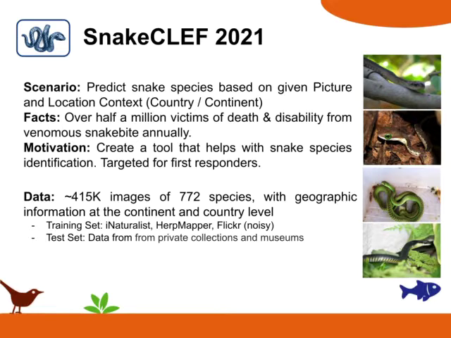The task will include more than 400,000 images of almost 800 species of snakes, which come from diverse sources such as iNaturalist, HelpMapper, Flickr.